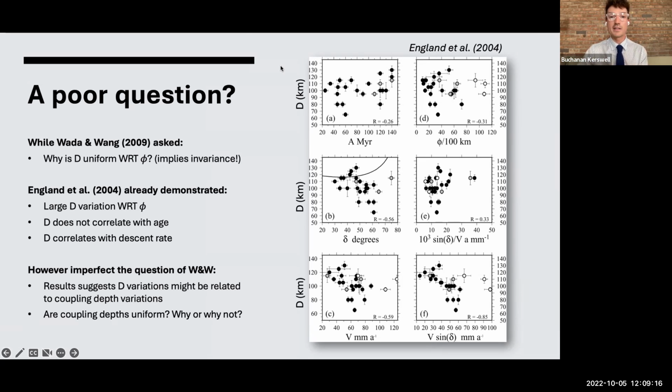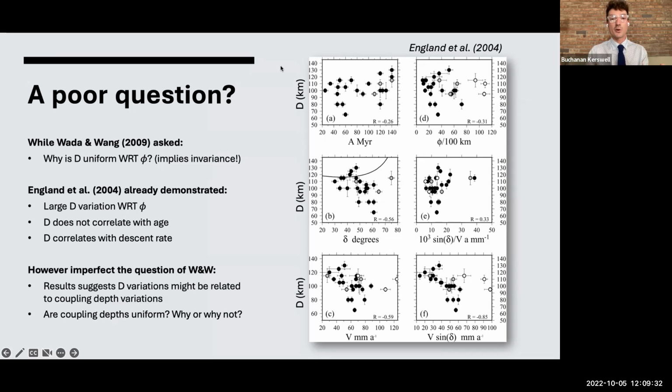While these D values aren't correlated with age or thermal parameter, they are not uniform. In the strict sense of the word, they are not the same. They do vary from subduction zone to subduction zone quite a lot.